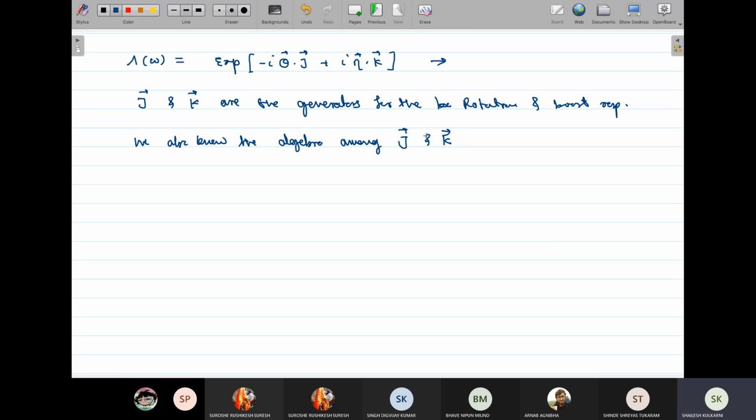Now we'll do a linear transformation on these J's and K's, and let us see what we will do.